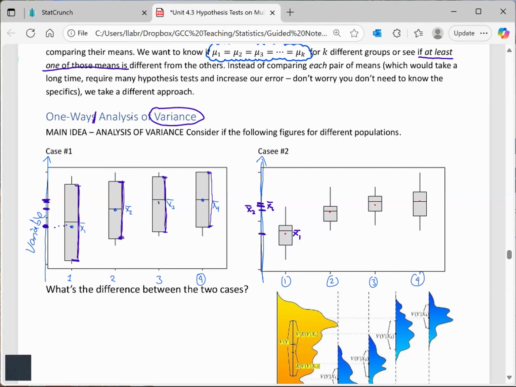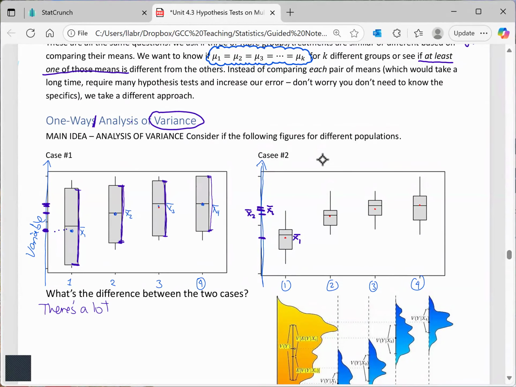And now notice that there's a lot of overlap in the data across groups.